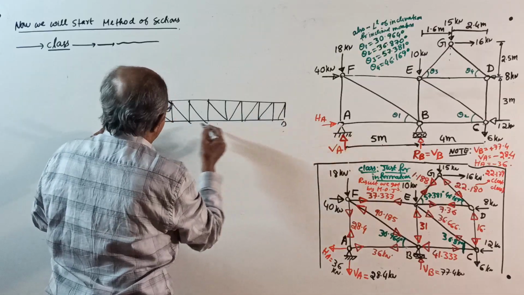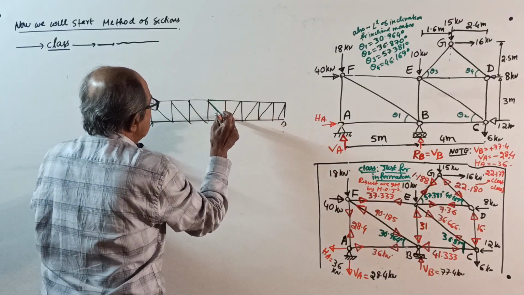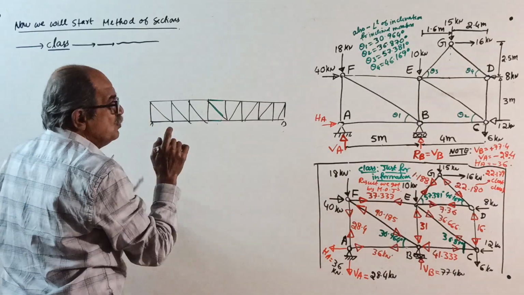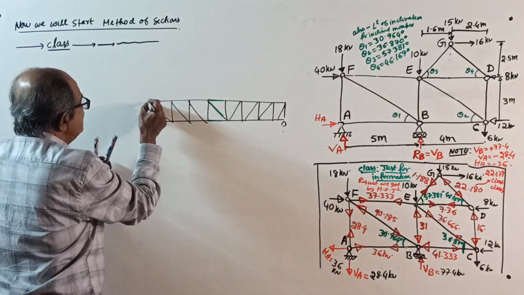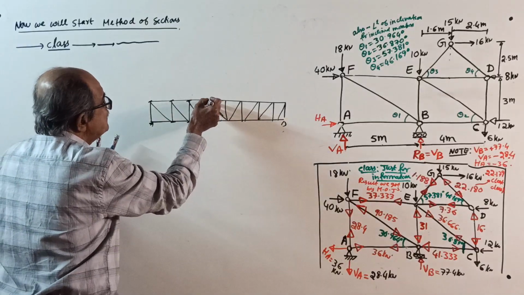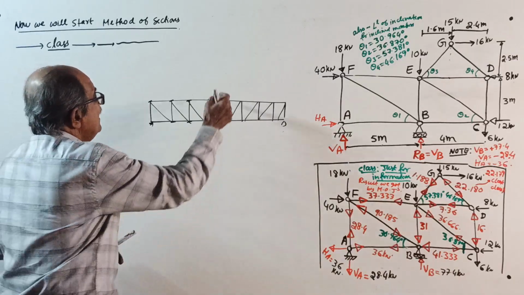Now, suppose you want forces in this member, and this member, any of these members. Then if you do method of joints, you have to start from here and slowly cover this joint, this joint, and so on, or from there. But method of section is not that way.